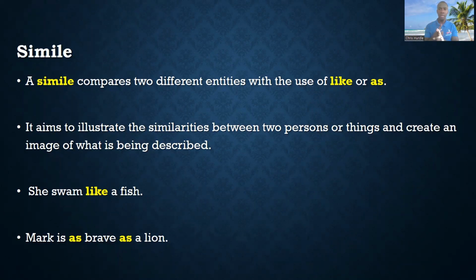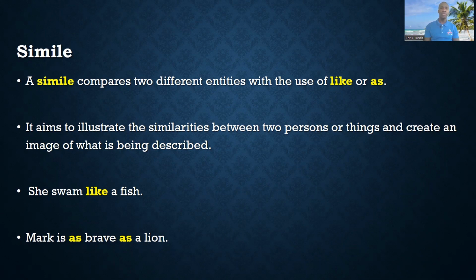There must be a comparison between two different entities, and secondly, the use of like or as. So if there is no comparison, then it is not a simile. Just bear that in mind. Just because you see like or as does not necessarily mean that the sentence is a simile. Remember: a comparison between two different entities and the use of like or as.